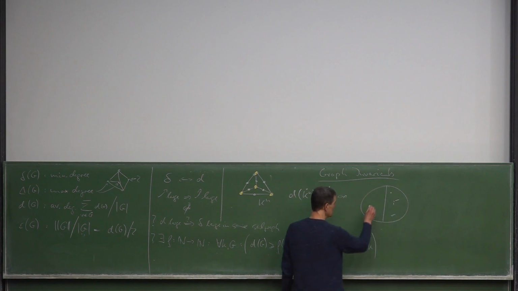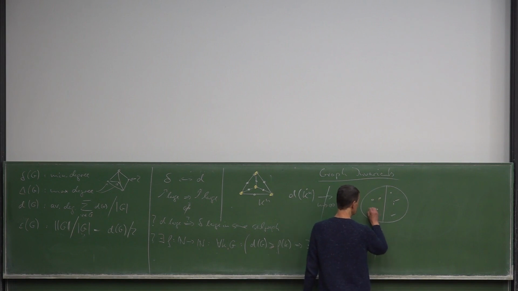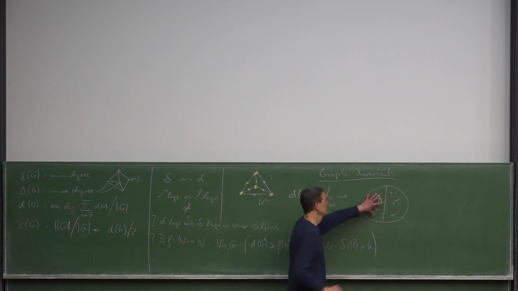And the question is, are they necessarily lumped together so that we can identify them as forming a subgraph of high min degree?